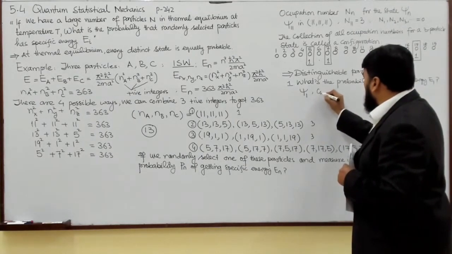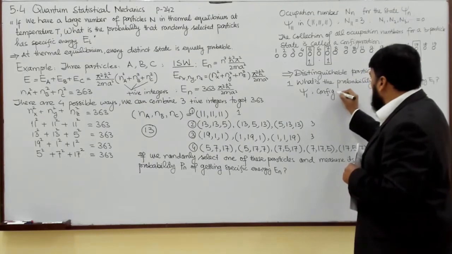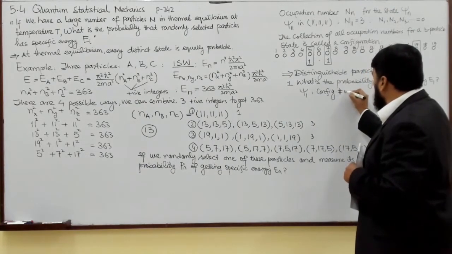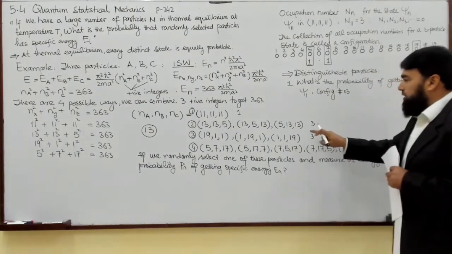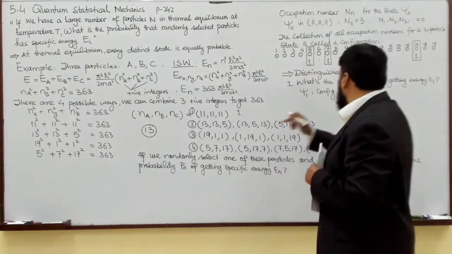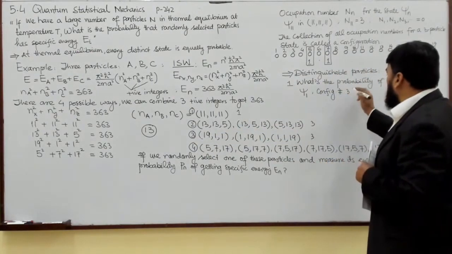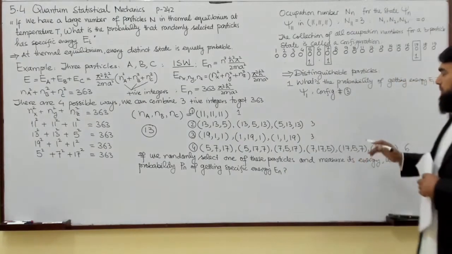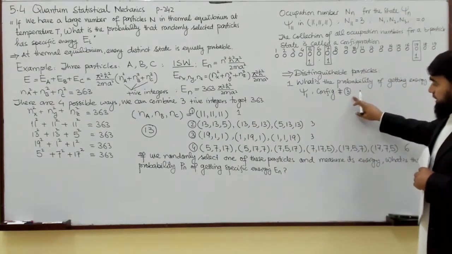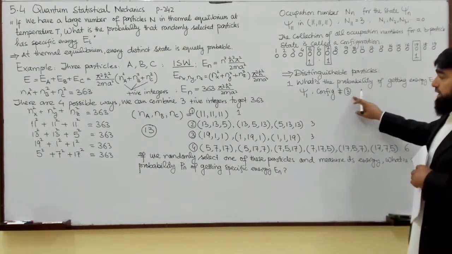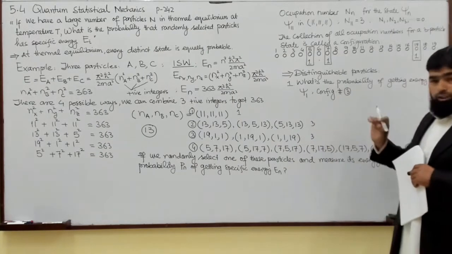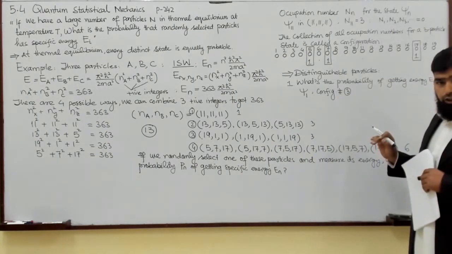This is configuration number 3 here. So let me write it like this. Now, configuration number 3 is one of the 13 possible combinations.